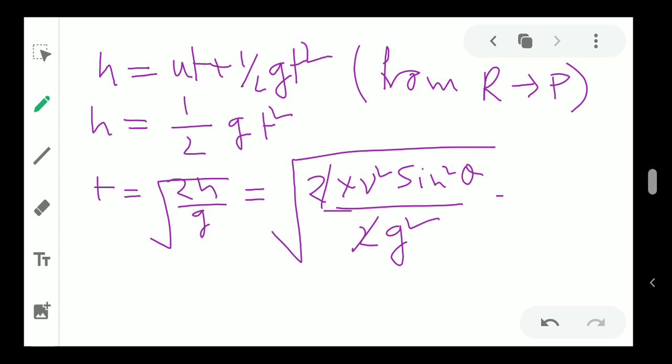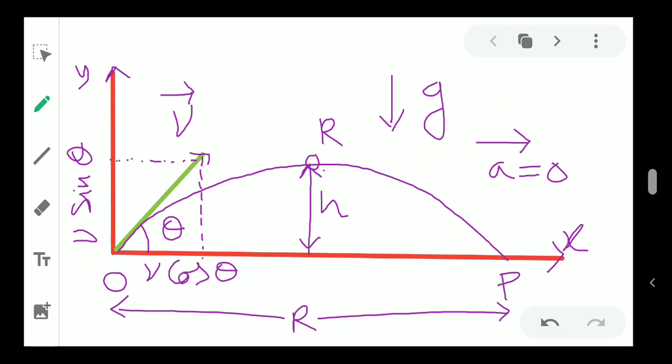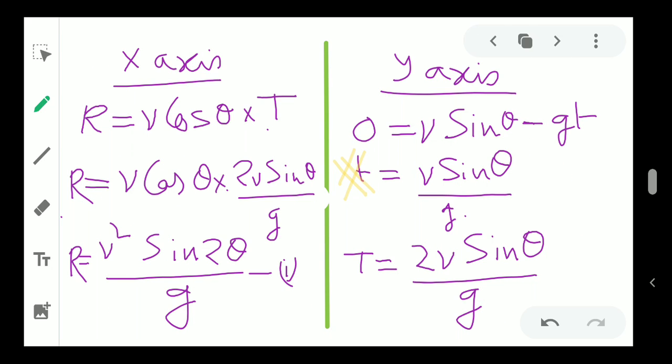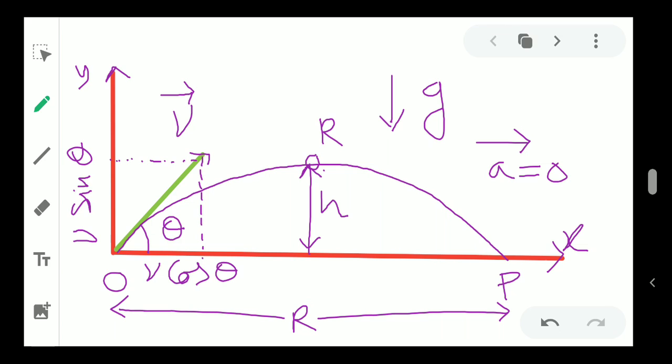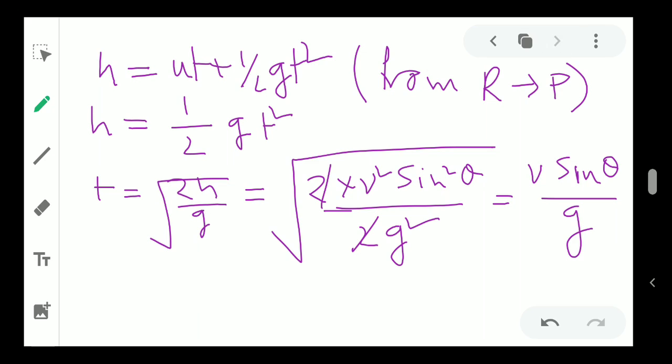So it's gone, and I got v sine theta by g. You can now easily see that the time we first got, t equal to v sine theta by g, for the missile to go from O to R is the same as the time for the missile to go from R to P.